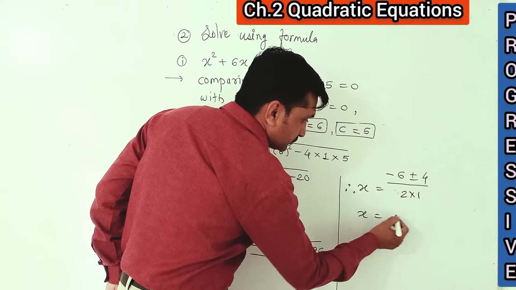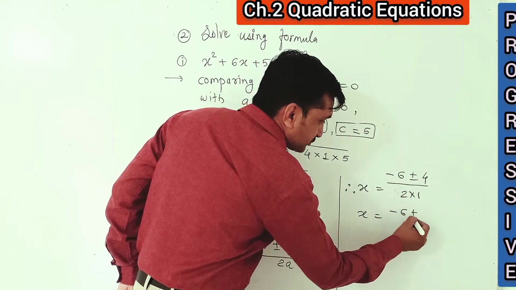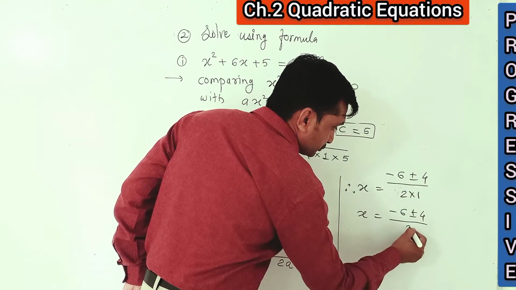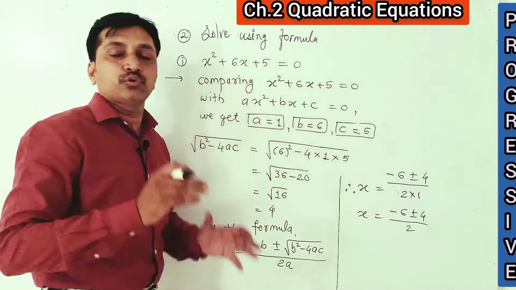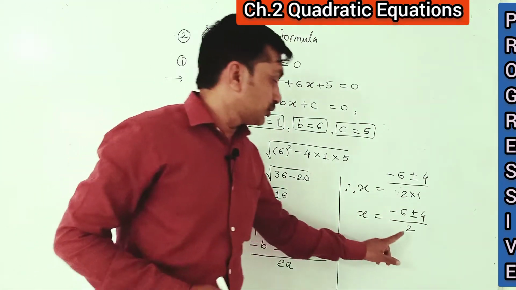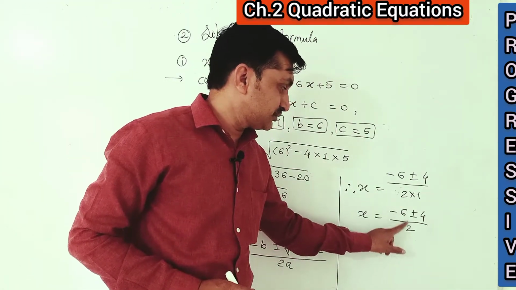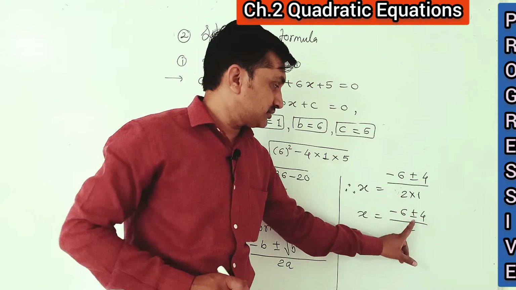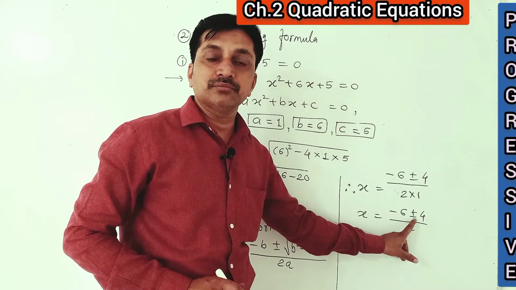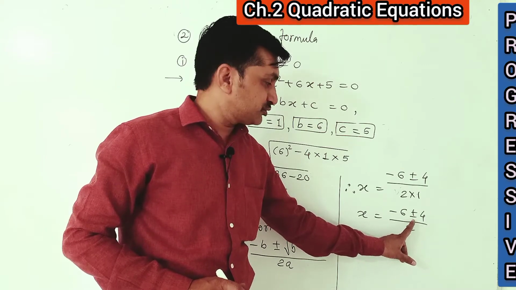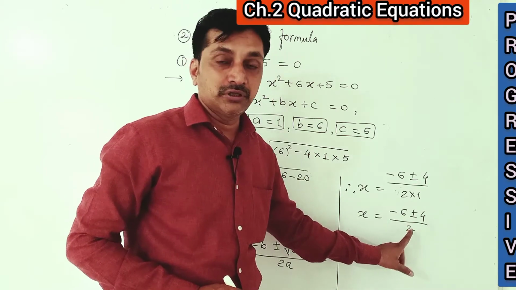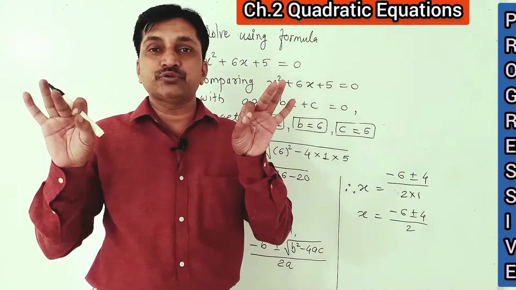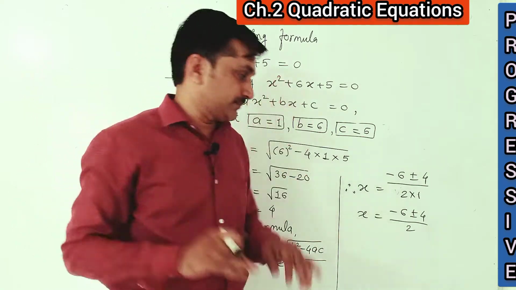X is equal to minus 6 plus or minus 4 upon 2. Now here what we have to do, don't reduce by 2 to 6, 2 3s or 2 2s, don't do like that, because here is a plus minus sign between them. If it is multiply, you can reduce. Now we have to separate the two values with plus minus, separate them.